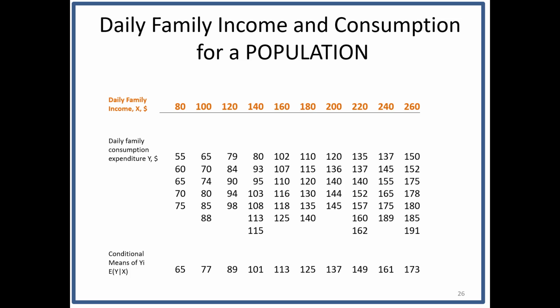We could calculate the conditional mean, the expected value of y given x, and we could calculate that at 65. And we could do that for each of our values of x. Remember, our x, or explanatory variable, is assumed to be fixed, and our y, daily family consumption expenditure, is assumed to be a random variable given the fixed value.